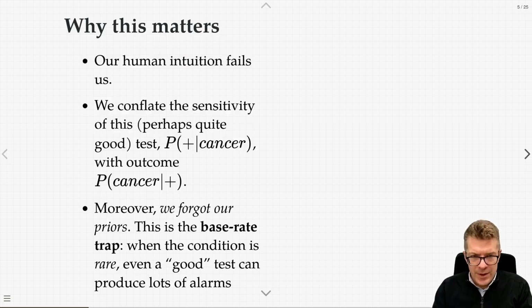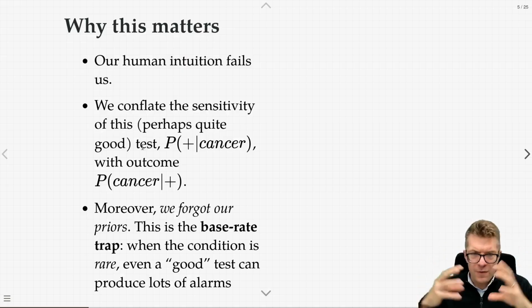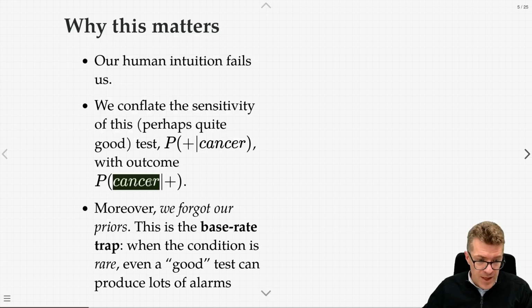So there's two probabilities, and we'll define a little bit more about what this notation means later. The first one is the probability that if the person has cancer, then the test will give a positive outcome. This is the 90% probability we saw a moment ago. And we've, in our minds, conflated this probability with the probability that if there's a positive outcome of the test, then the person has cancer.